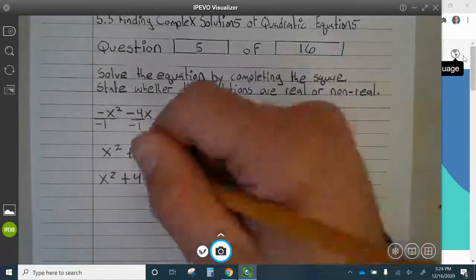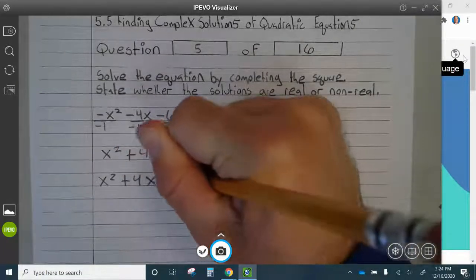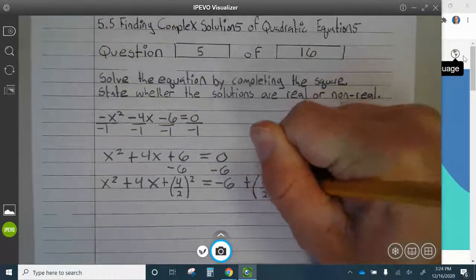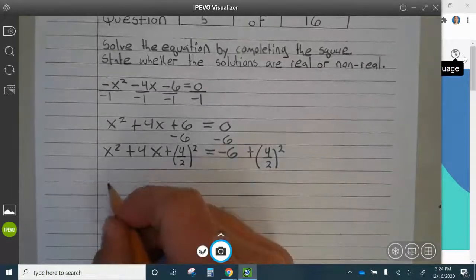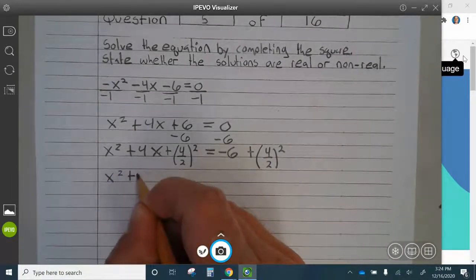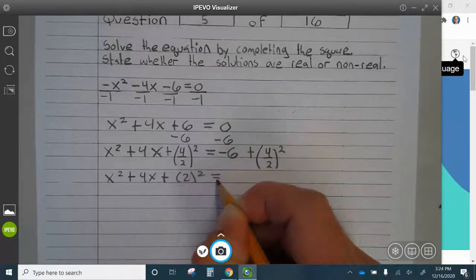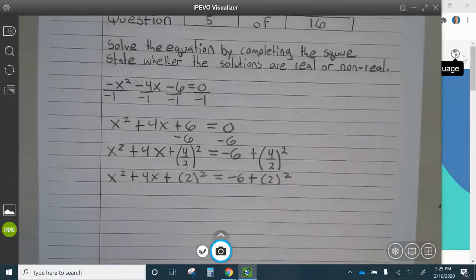Okay, now we complete the square. So plus 4 divided by 2 squared plus 4 divided by 2 squared. Okay, so then that's x squared plus 4x plus 2 squared equals -6 plus 2 squared.